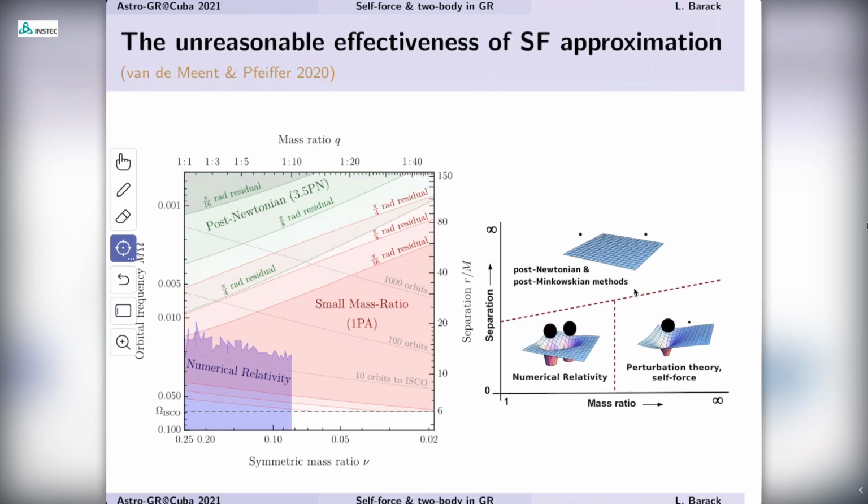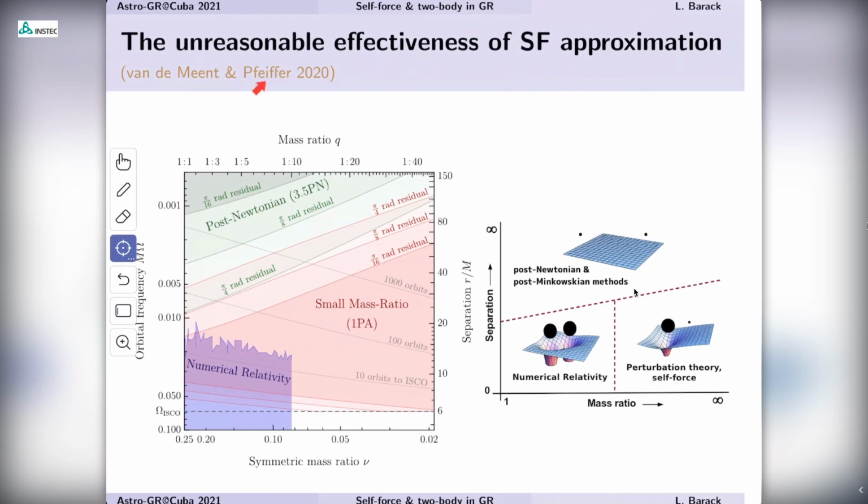What these two colleagues did was to marry results from full numerical relativity simulations of black holes, solving the full Einstein equations non-linearly, and calculations that come from self-force theory, a point particle around a big black hole.